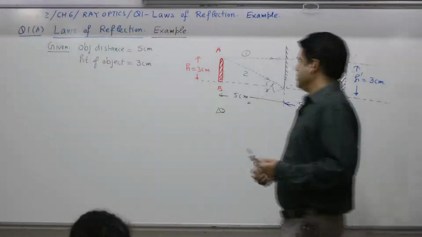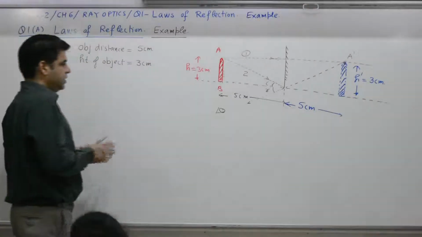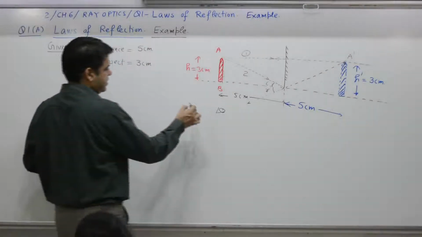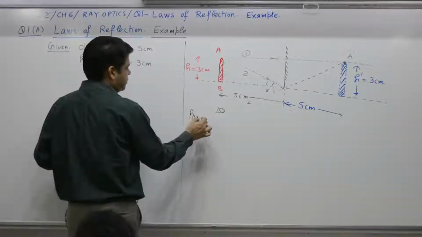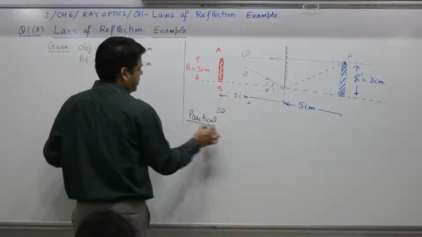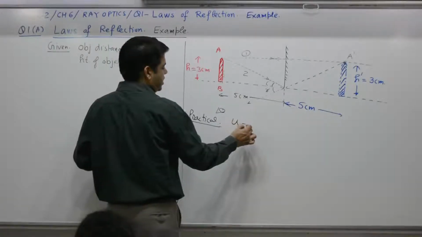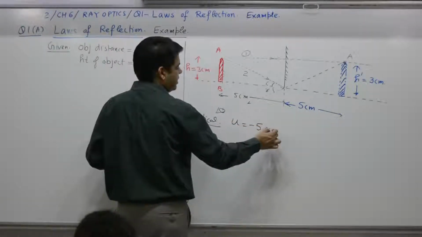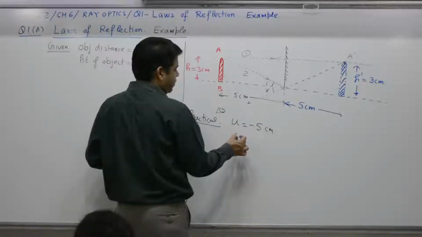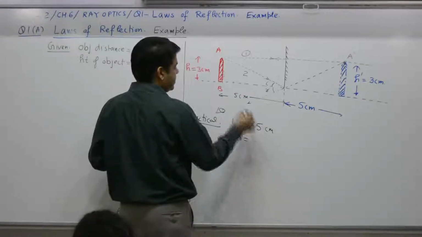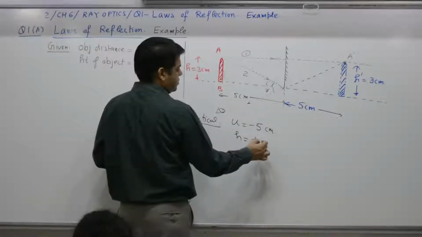So we have performed this experiment from the practical. This is the practical, which has practical values. u is equal to -5, by convention, if the object lies to the left. Height of the object was 3 centimeter. If it is above the axis, it is plus.